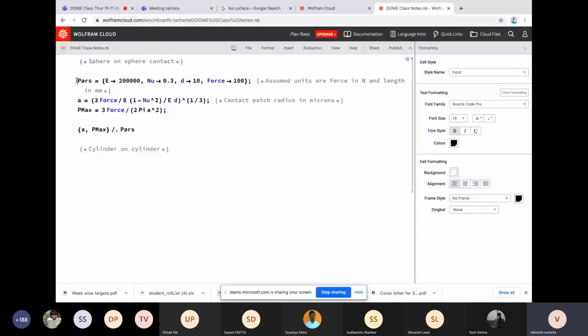Okay, so what is the modulus of steel? It is 200 gigapascals. What I am doing is I am assuming force in newtons and length in millimeters. So these will be the basic units I will work with. So if force is in newtons and length is in millimeters, what will be the unit of pressure then, or stress?